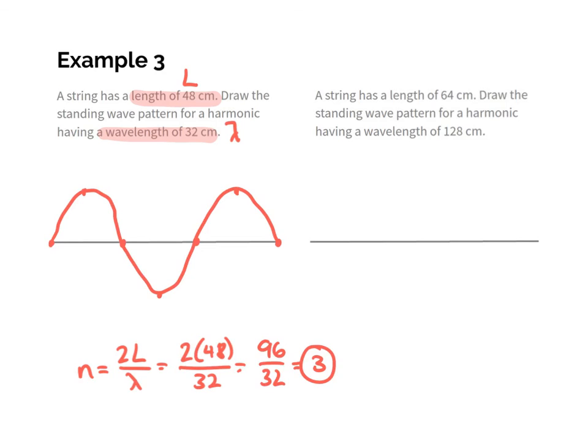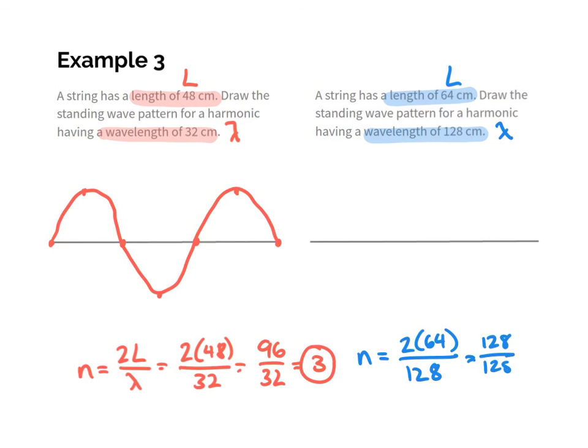Next example, if I have a string length of 64 centimeters, I'm going to draw the wave pattern for the wavelength of 128. So again, think of this as my length, and 128 is the wavelength of whatever harmonic we're on. So using the formula, n equals 2 times the length, so 2 times 64, divided by 128. 2 times 64 is going to give me 128, divided by 128 should give me 1.